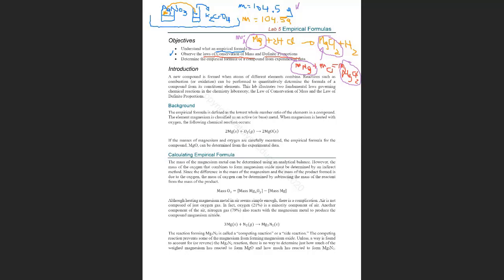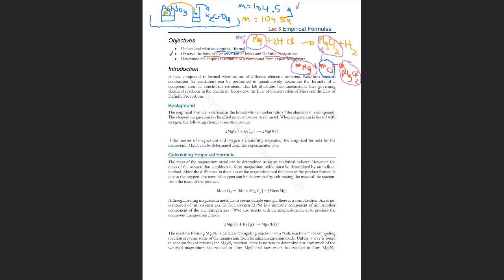So all I have to do is calculate the mass of chlorine, which will be the difference of the mass of magnesium chloride and the mass of magnesium. We will do some examples and we will go over the report to make sure that you can complete it. So basically that's the idea of the law of conservation of mass. Because we don't create matter, we can calculate the empirical formula.